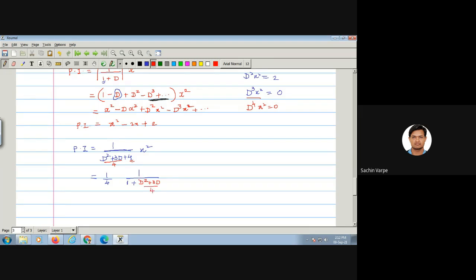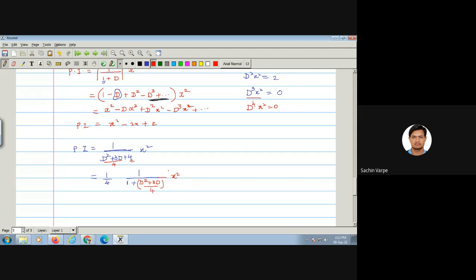So is it of the form 1 upon 1 plus p? Yes. So here p is D square plus 3D upon 4. And when I expand this, I should know that I'll have to consider the terms up to D square, because D cube and all further derivatives will be 0.